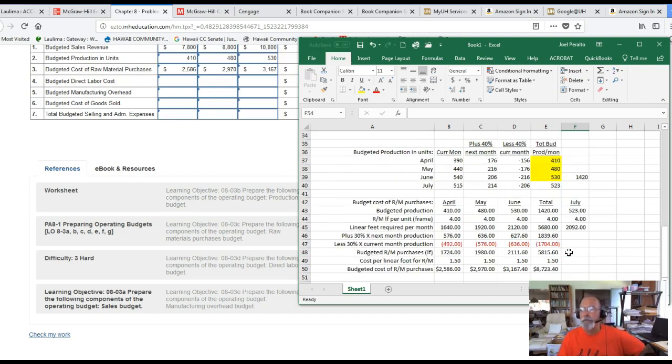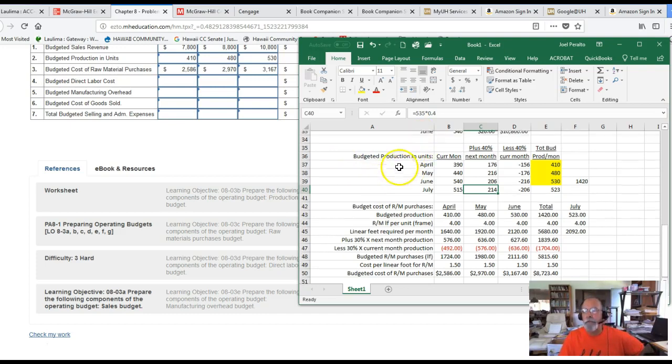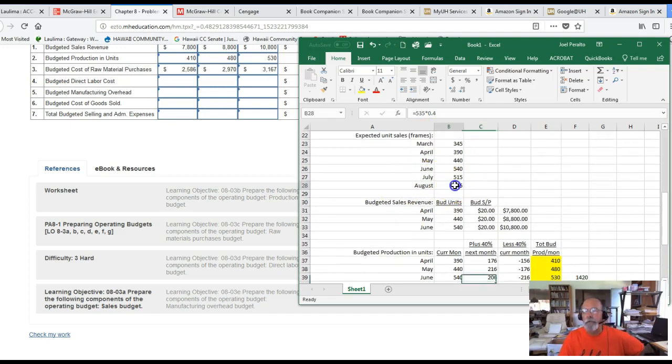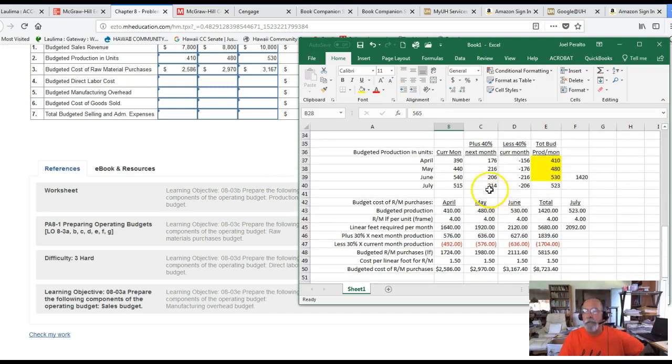Budgeted production for June was 530 times 4 is 2120. 30% of next month. Let's see if we got this correct. Next month's production, I have 535. Oh, it should be 565. Next month's production should be 565. And this month is 515. That's correct. So this should be 535.